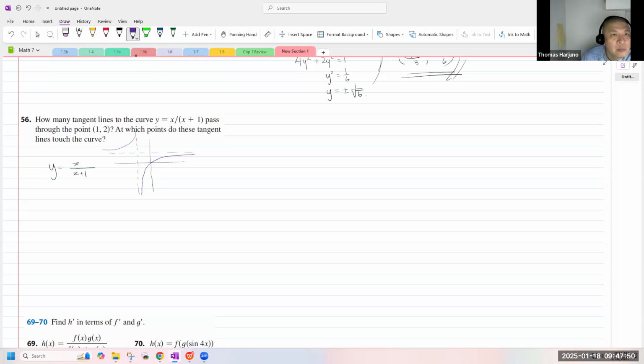But the question is, how many of the lines pass through the point 1, 2? 1, 2 is here. So I expect to have one line cutting this way and another line like this. I expect two, maybe more, but visually we have two.